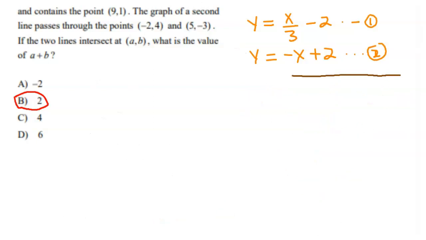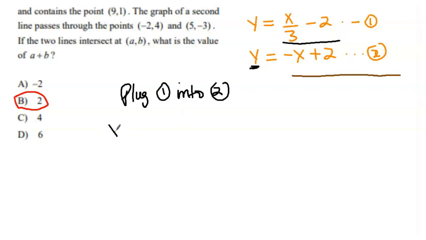And so if one wants to use the substitution, then you would say that y equals x over 3 minus 2, and the same y equals negative x plus 2. So you go ahead and wherever we see y here, we are plugging 1 into here. So here we are going to put the whole of this over there.